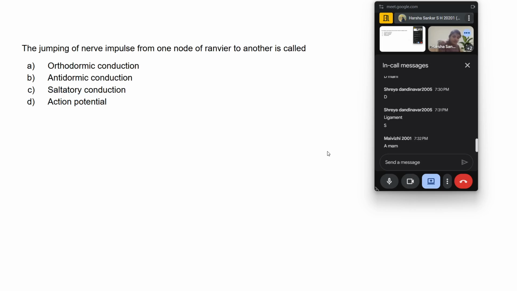Jumping of nerve impulse from one node of Ranvier to another is called: option A orthodromic conduction, option B antidromic conduction, option C saltatory conduction, option D action potential. What is the correct answer?